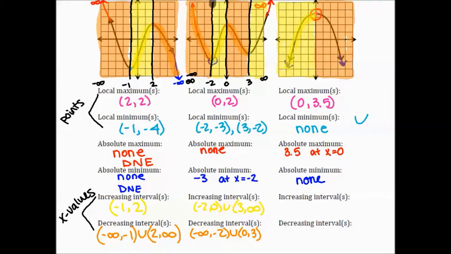So it changes from increasing to decreasing at 0. So between negative infinity and 0 is increasing, and between 0 and positive infinity, it is decreasing.